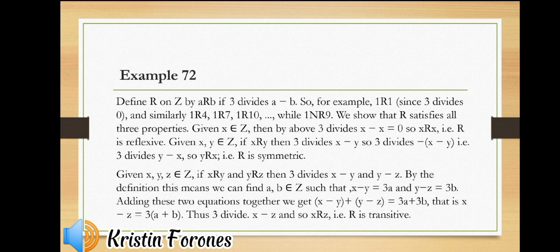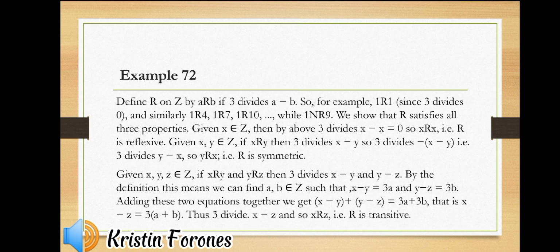Adding together these two equations, we get x minus y plus y minus z is equal to 3a plus 3b. That is, x minus z is equal to 3 multiplied by a plus b. Thus, 3 divides x minus z, and so x is related to z. Therefore, R is transitive. It is transitive only if a relates to an object b and b relates to an object c, then a relates to c.